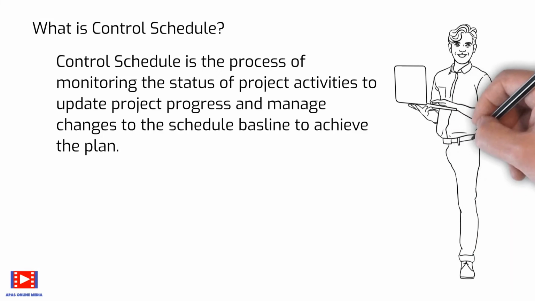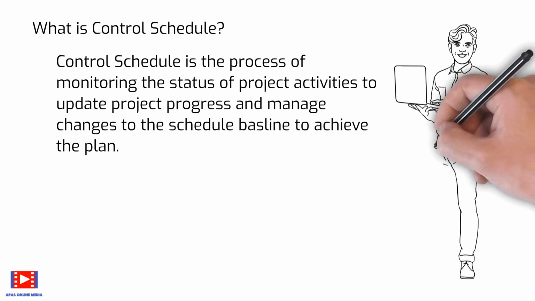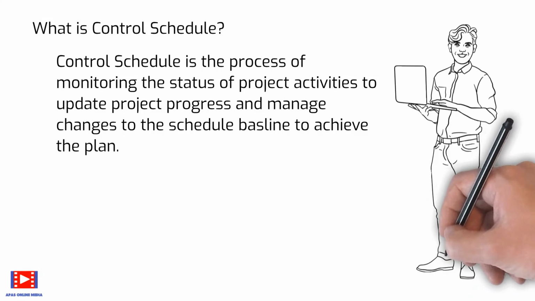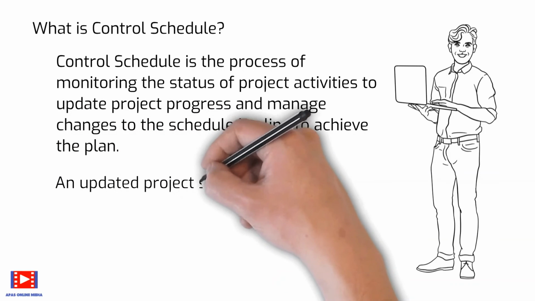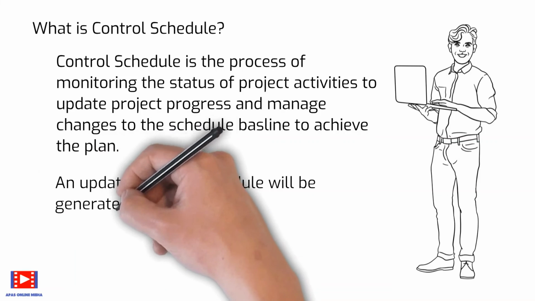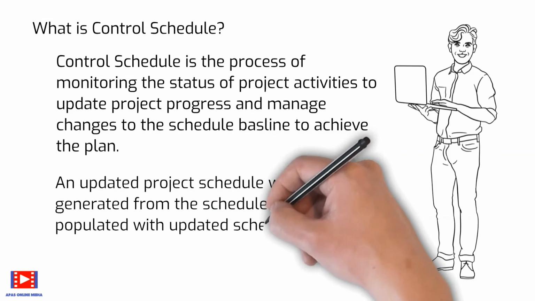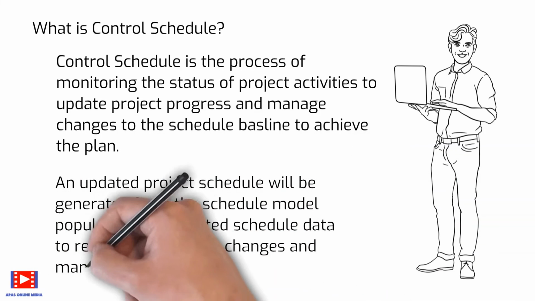The project management plan contains the schedule management plan and the schedule baseline. The schedule management plan describes how the schedule will be managed and controlled. An updated project schedule will be generated from the schedule model populated with updated schedule data to reflect the schedule changes and manage the project.